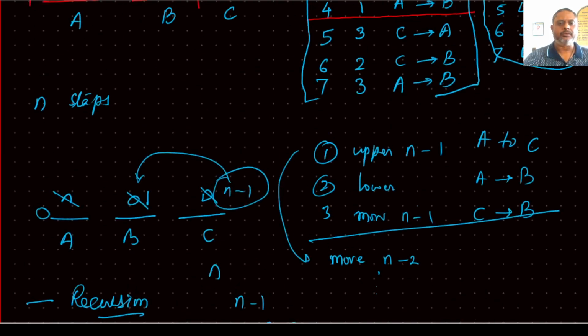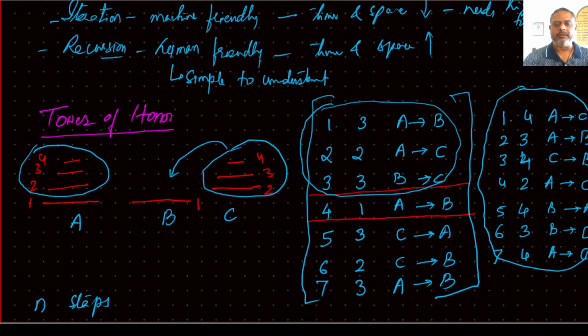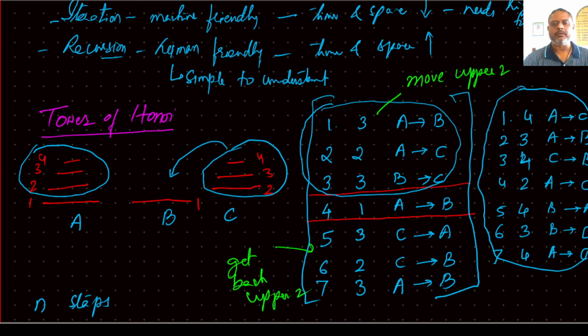So what was the logic here? The basic logic was: move upper 2, move the lowest slab, and then get back those upper 2.